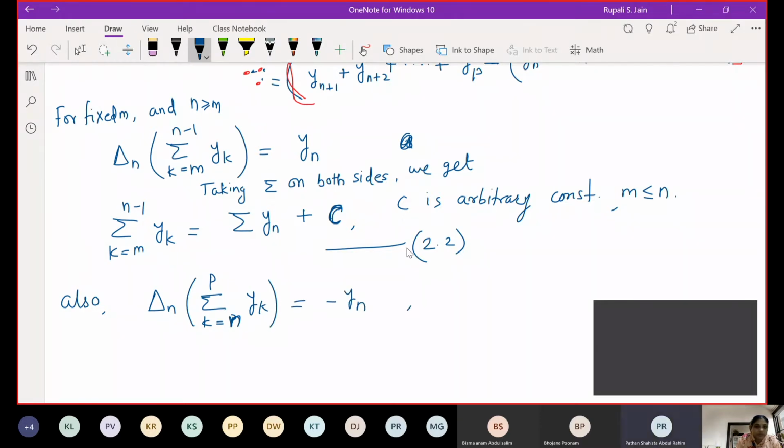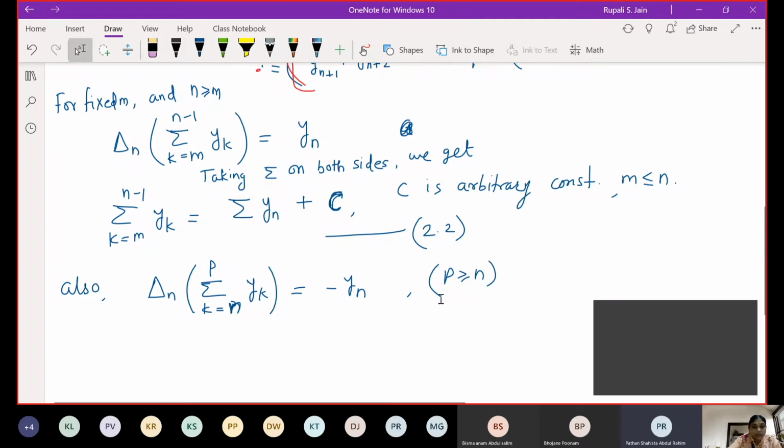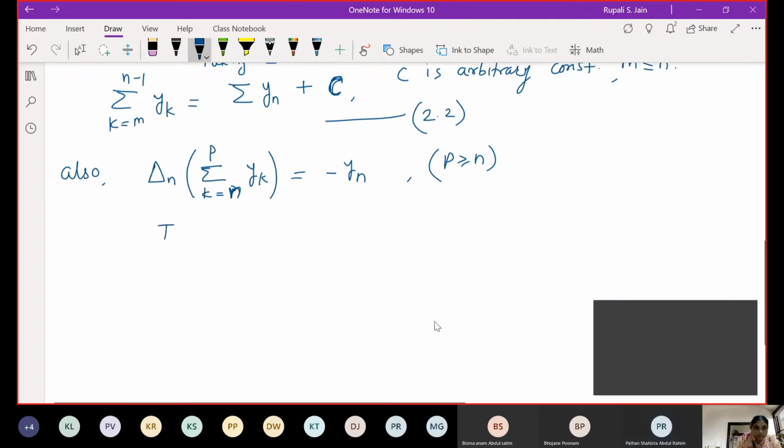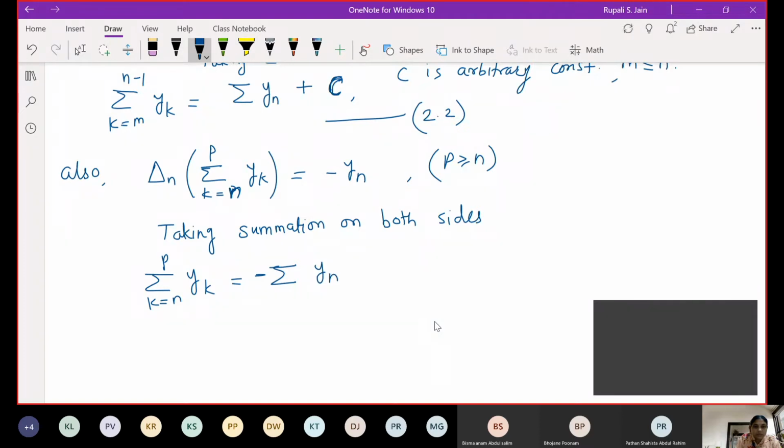We got minus yn, where p is greater than or equal to n. So again, taking summation on both sides, what will we get? The summation k is equal to n to p of yk is nothing but the anti-summation of minus yn plus some constant, right?